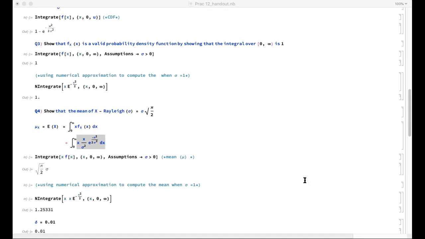Yeah, you can use by parts. So that's the answer to your question.